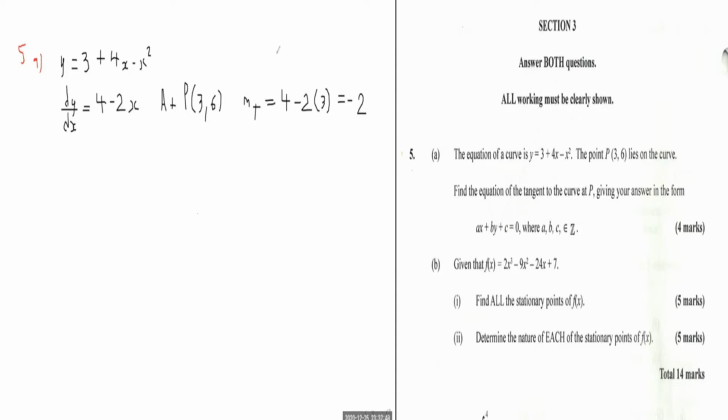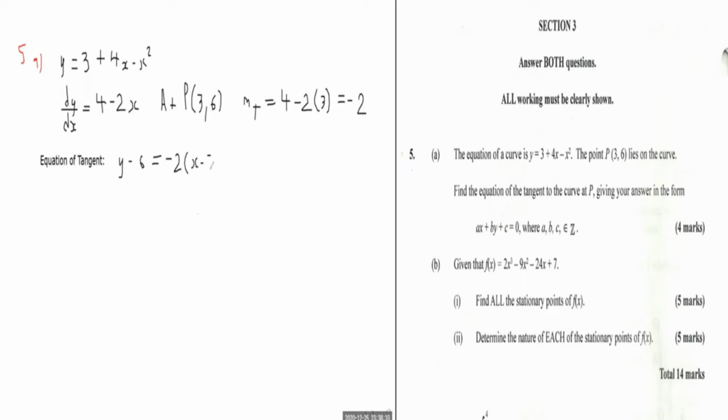Now that the gradient of the tangent is negative 2, we can find the equation of the tangent. And so the equation of the tangent is going to be y minus the y value at P, so it's y minus 6, and that's going to be equal to the gradient of the tangent, which is negative 2, times x minus 3.